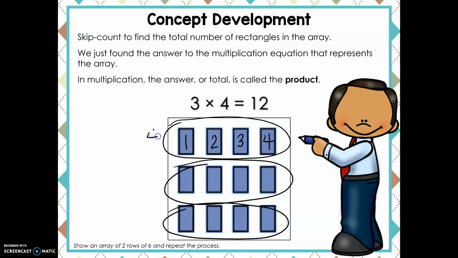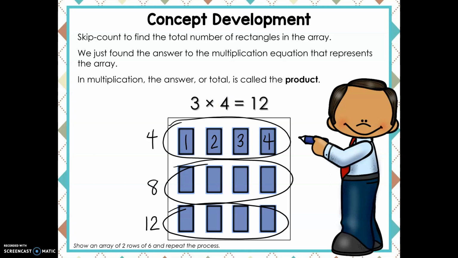So I have 4, 8, 12. And remember that skip counting is just a quicker way of counting, because I could have counted each rectangle, but skip counting is much easier. So we know that 3 times 4, or 3 groups of 4, equals 12.